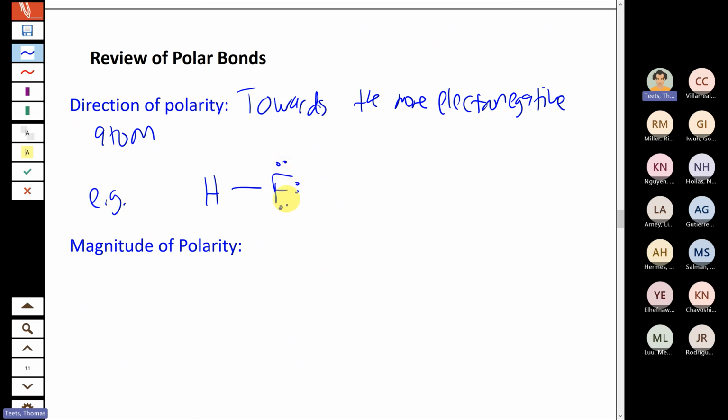But for the purposes of polarity, all we would need to know is that fluorine is the most electronegative atom on the periodic table, significantly more electronegative than hydrogen. So we would have an asymmetric distribution of the electron density towards fluorine. Those are two ways of indicating it, delta plus or delta minus.